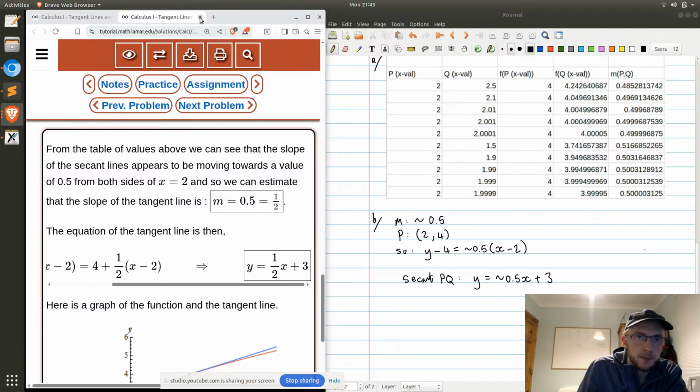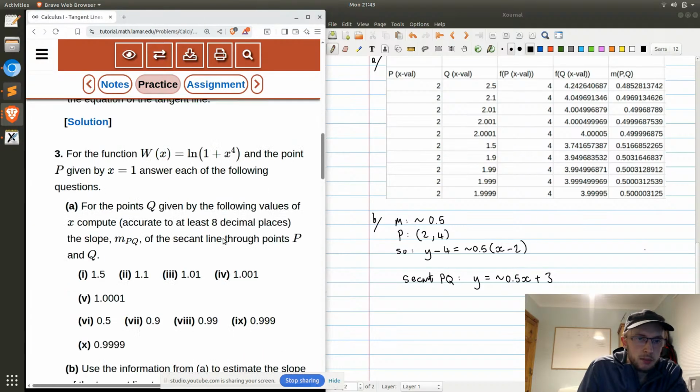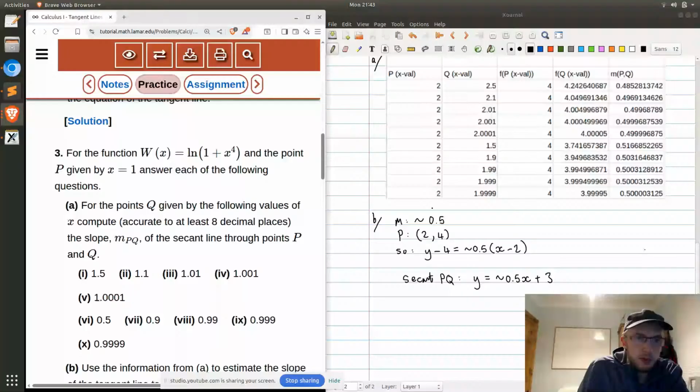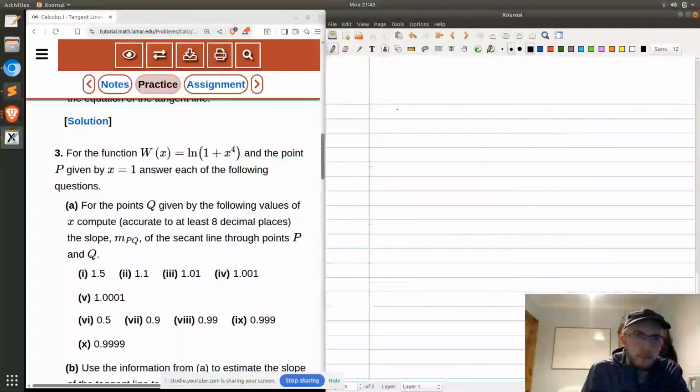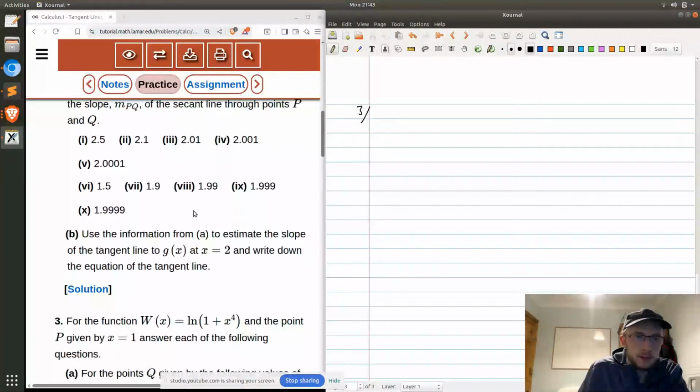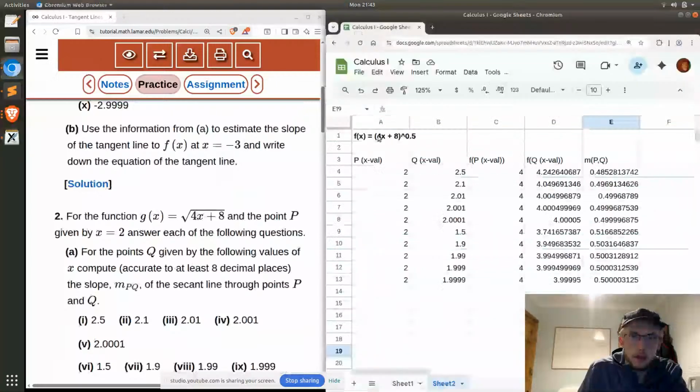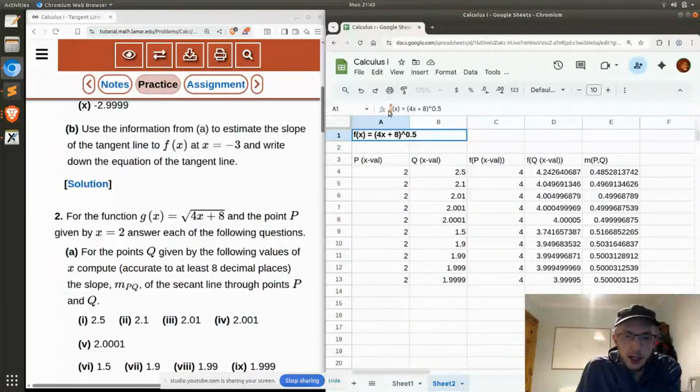Good. Problem 3. Here's my function w of x. Notice here that I didn't change. Not good.